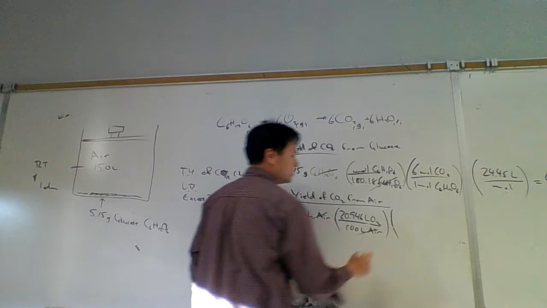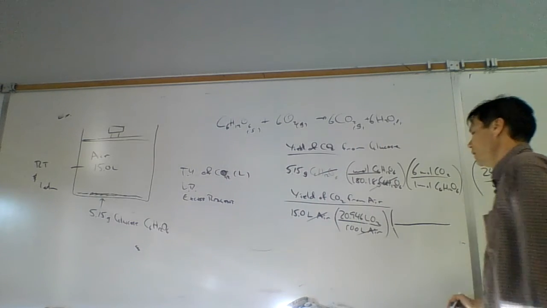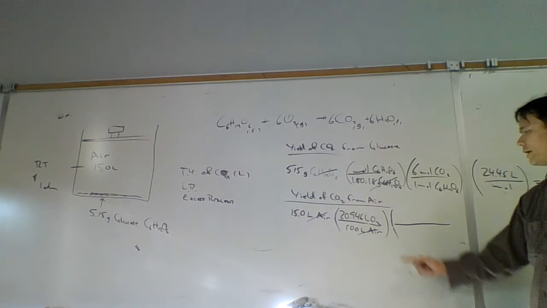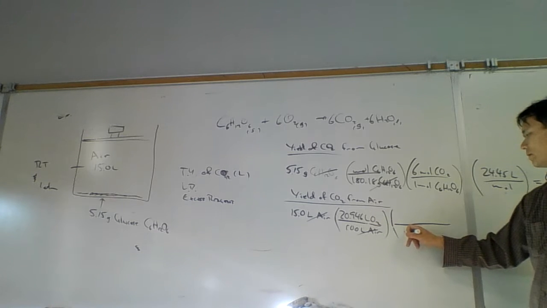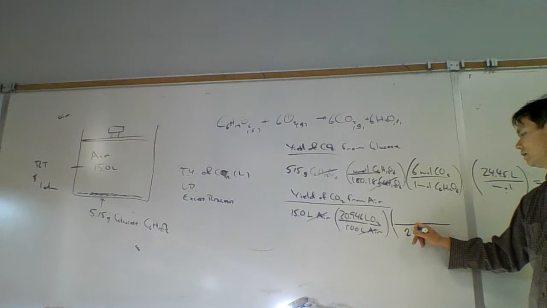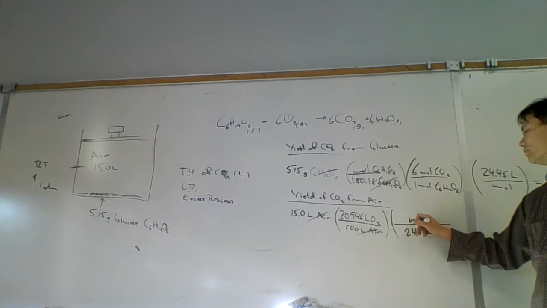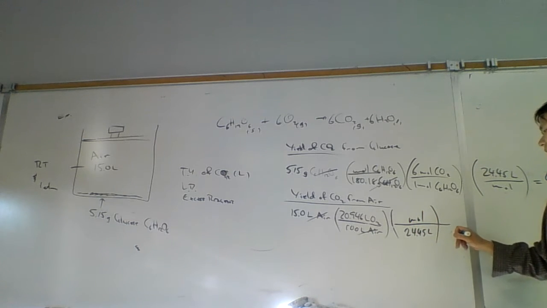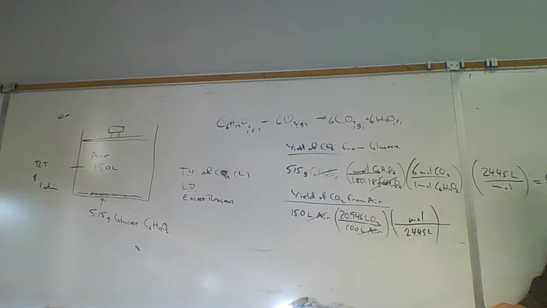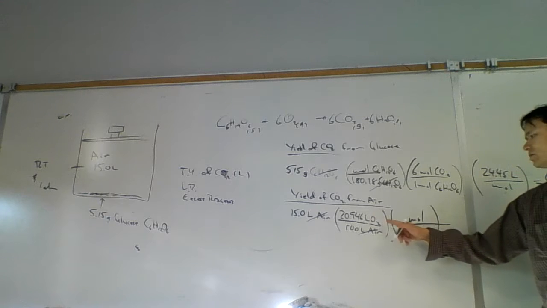So there are two ways of doing this. Here, the long way, we'll go from liters to moles. There are 24.45 liters of gas for every mole of gas under these conditions. Any gas, it can be air, O2, or CO2. That will take me to moles of O2.